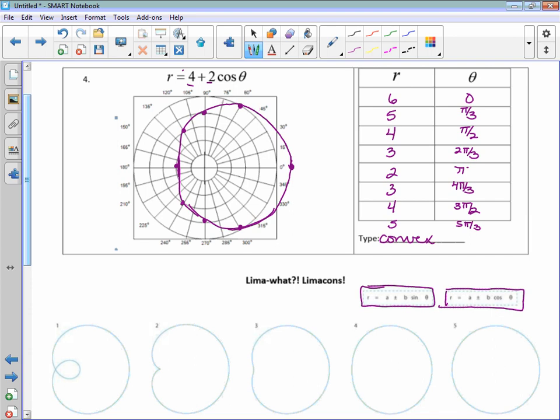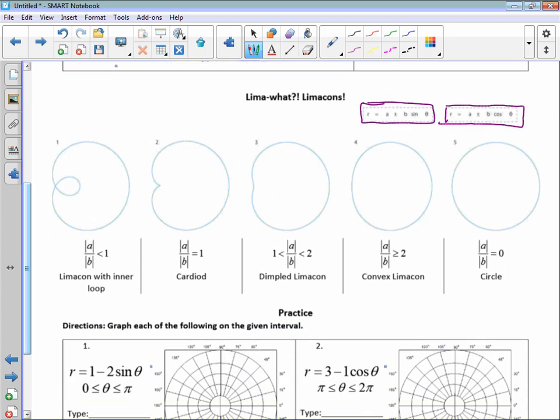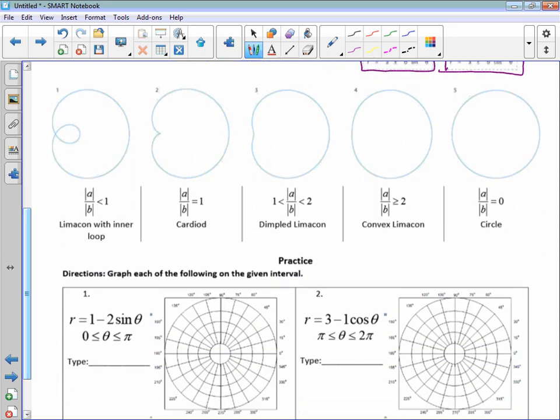The A and the B are what you always look at to determine whether it's an inner loop, cardioid, whatever it is. If you look at the formula here, we don't care if it's a plus or a minus. That's just telling you if it's going to the right, to the left, up, or down. We're looking at just the ratio of A to B.